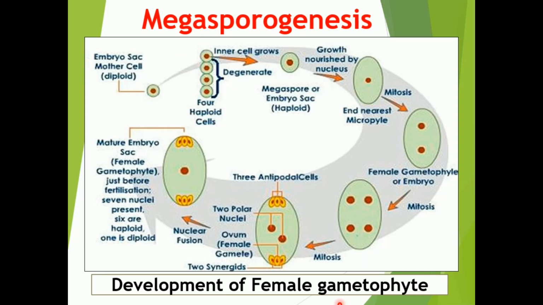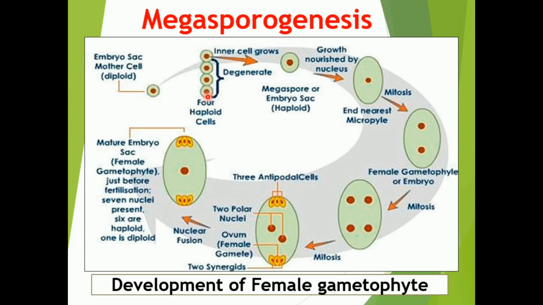If you observe the development of the female gametophyte, first of all the megaspore mother cell undergoes meiosis to form a linear tetrad. Tetrad means four.